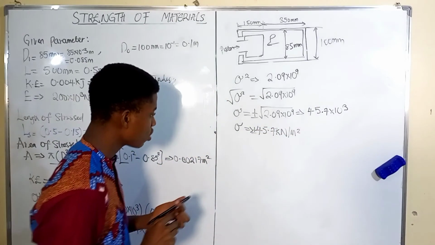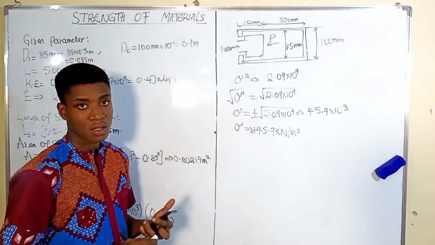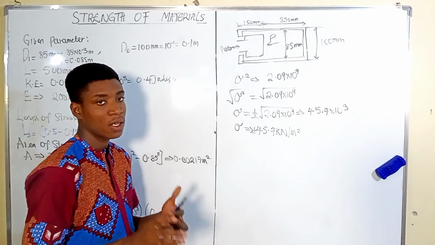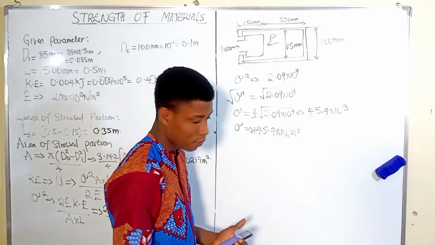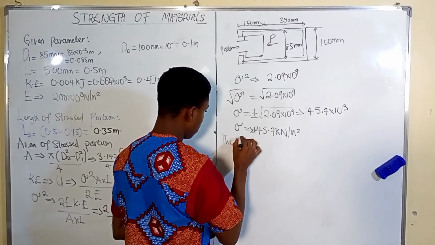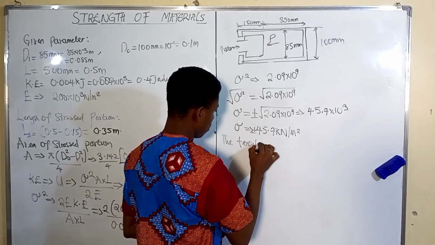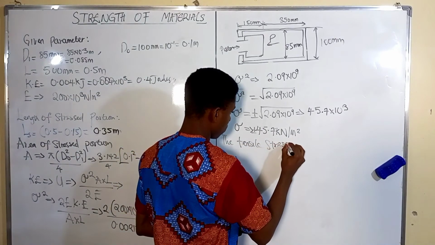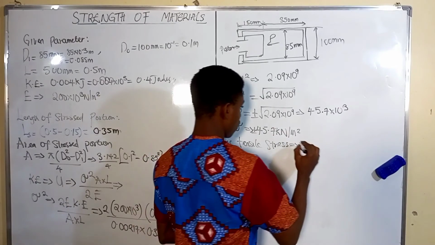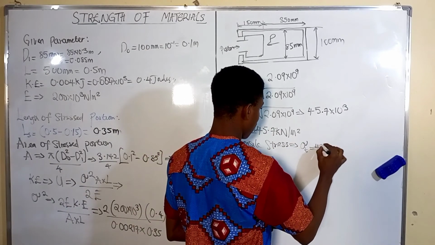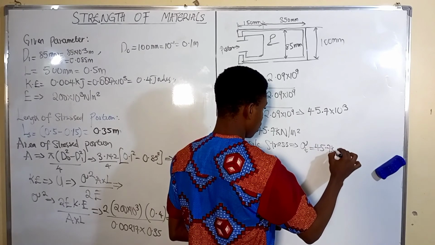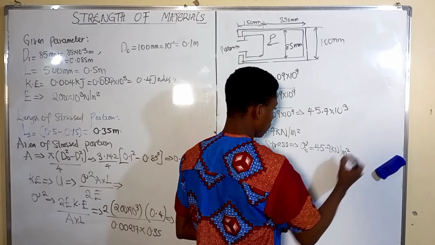So to answer the question, calculate the tensile and the compressive stress. We have plus and negative. The tensile stress is equal to 45.7 kilonewton per meter square.